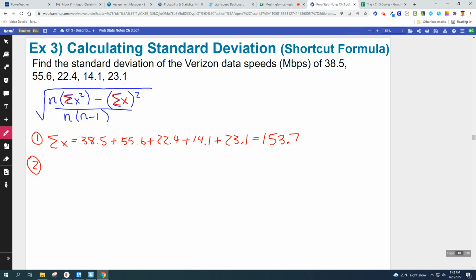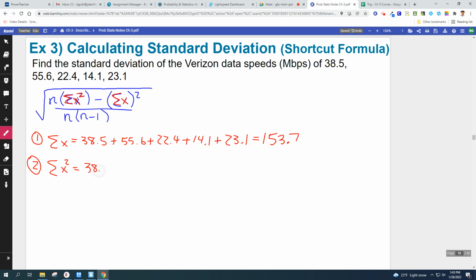Step 2, I'm going to go inside here. And I'm going to do the sum of x squared. And so I messed this up earlier, but I'm not going to mess it up this time. The sum of x squared just means we're going to take those same numbers, square them, and add them up.